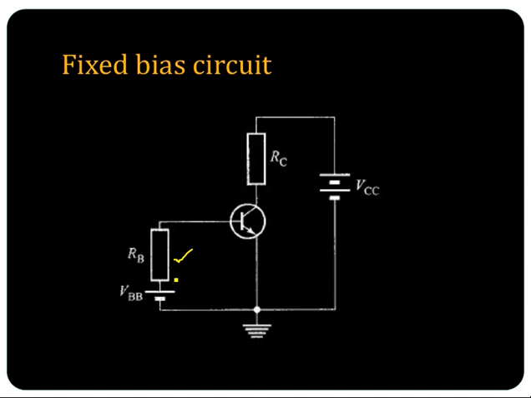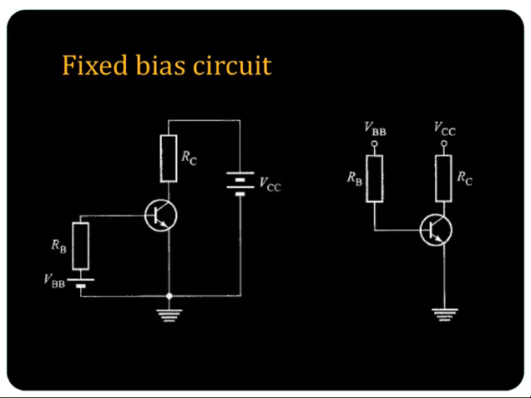What is the function of this RB? When the current IB flows through this resistor, a major portion of the voltage is dropped across this resistance RB. So the supply can be in the range of 1.5 volt or higher. Such a supply is easily available.